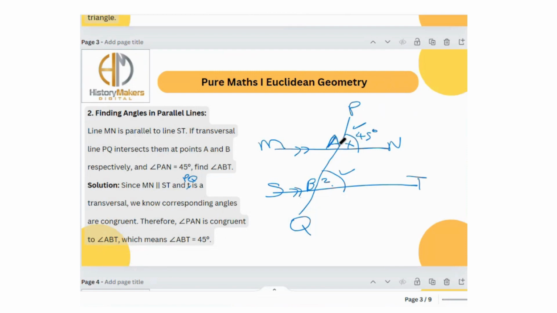So hence, the conclusion is that angle PAN is equal to 45 degrees and also equal to angle ABT.